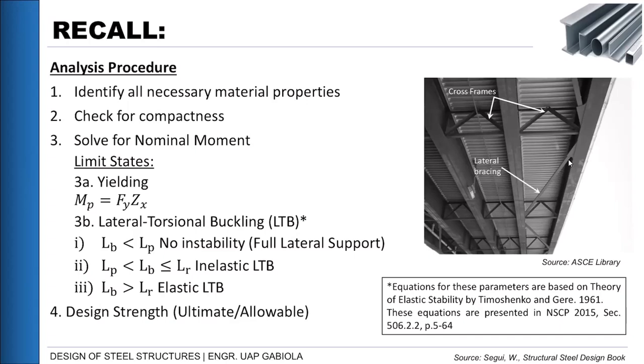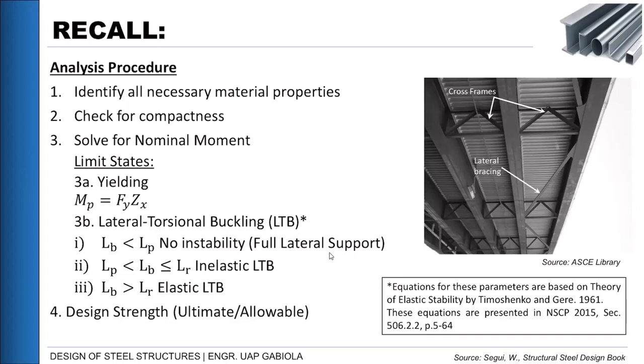Okay? And then we have three conditions for lateral torsional buckling. This is also used to determine what formula we will use in getting the nominal moment. When our unbraced length Lb is less than Lp, later we will show the formula for Lp, it means no instability, or our beam is fully supported.